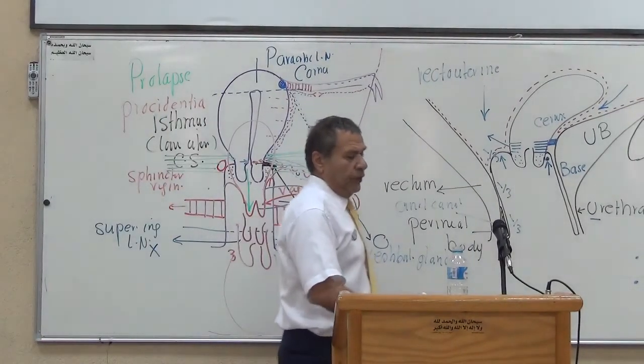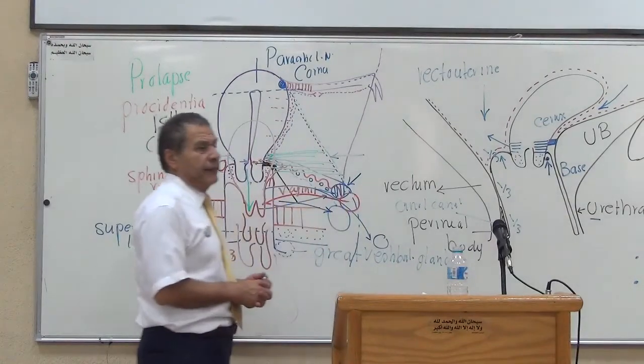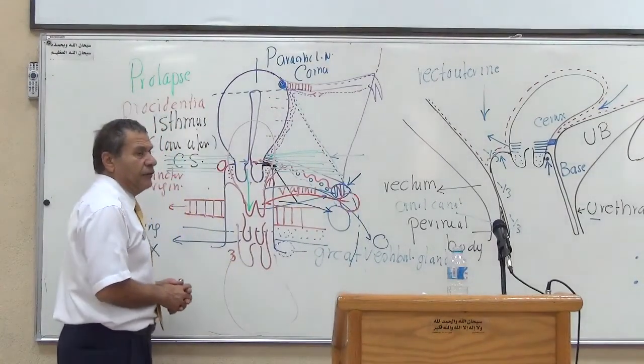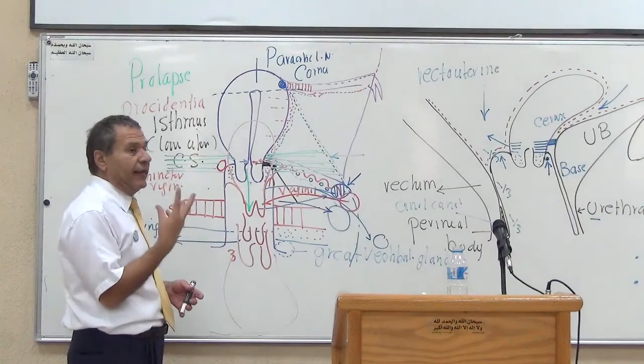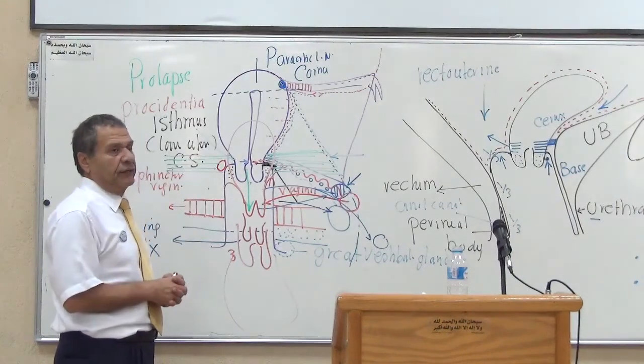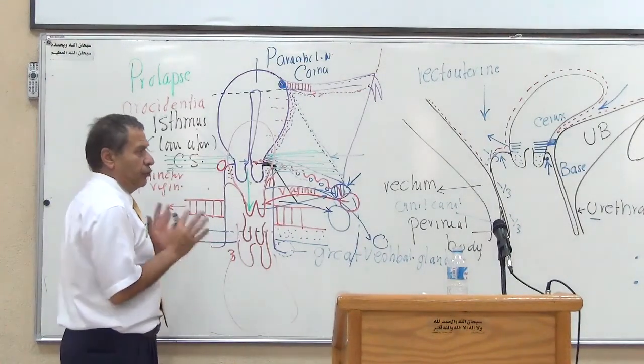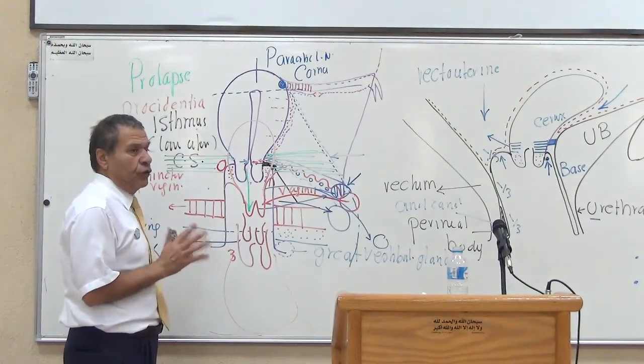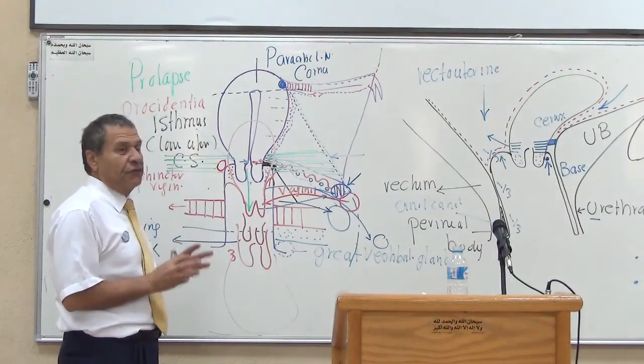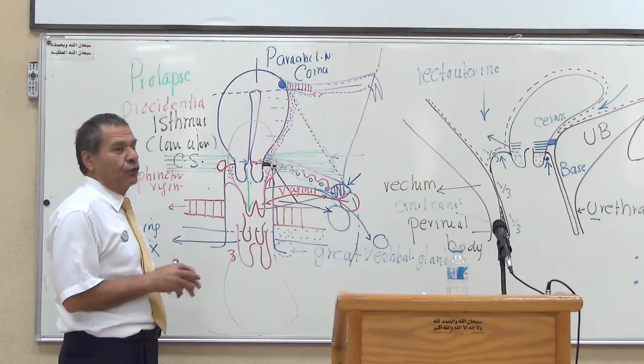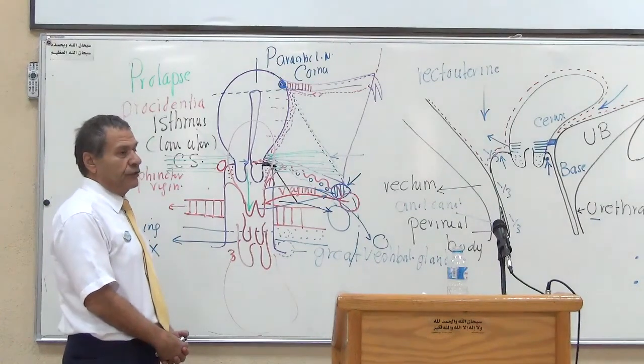So the patient usually complains that she feels something like an egg inside the vagina. If she tells you these words, it means that the cervix of the uterus lies down. It means prolapse of the uterus.